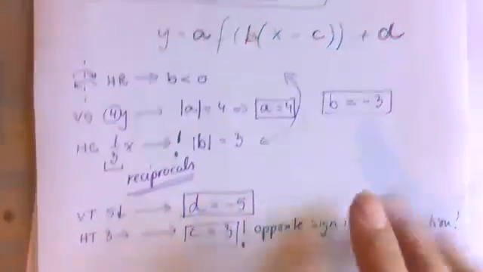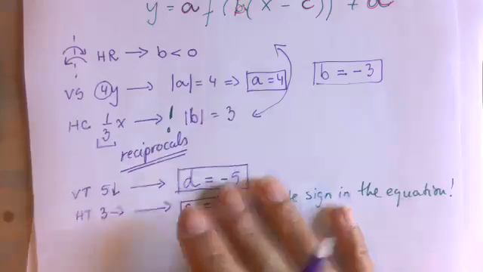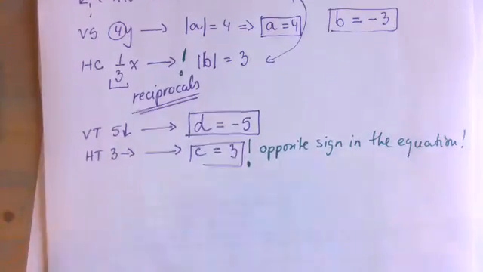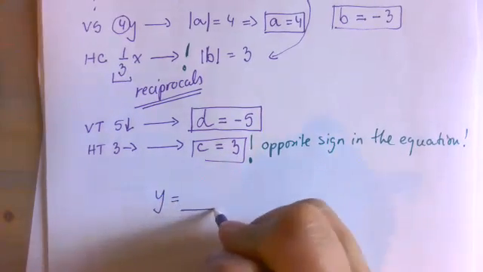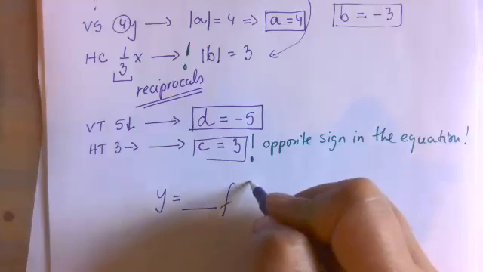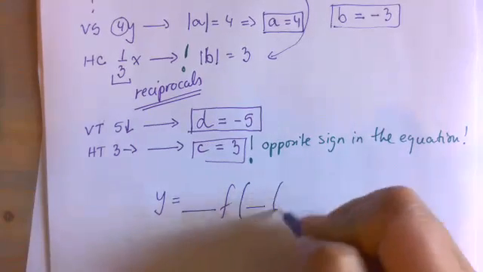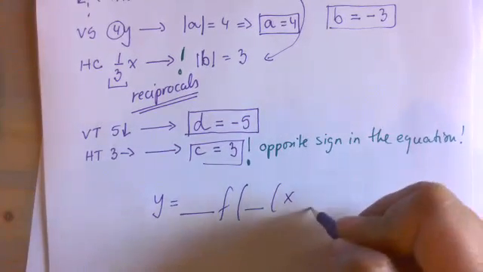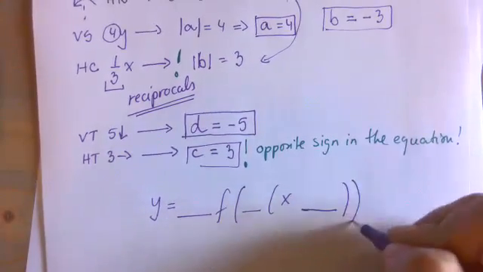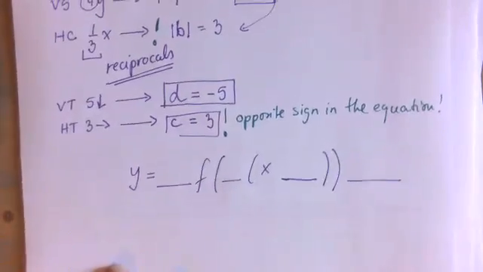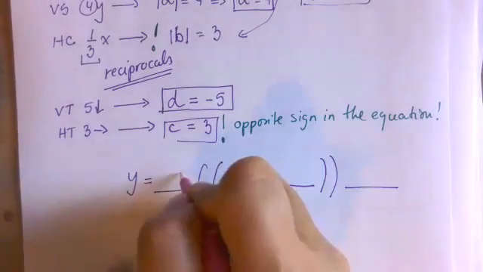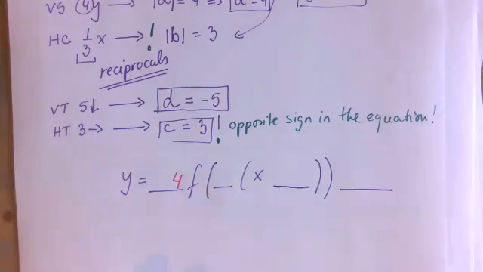So once you have A, B, C, and D, you can just plug into your standard form to begin with. So y equals blank f of blank x blank, in brackets, and then blank. A is 4, so I would just put 4 right there.